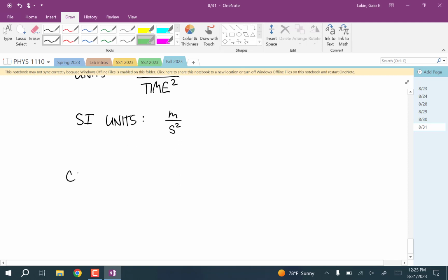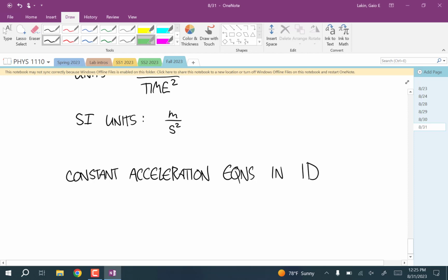So now we're moving on to constant acceleration equations in one dimension. Okay, there's no reason that a motion has to have constant acceleration.